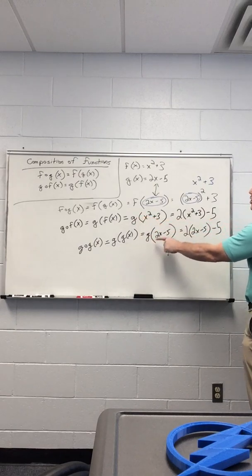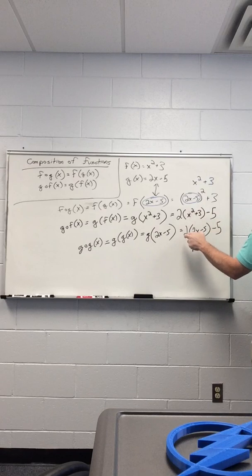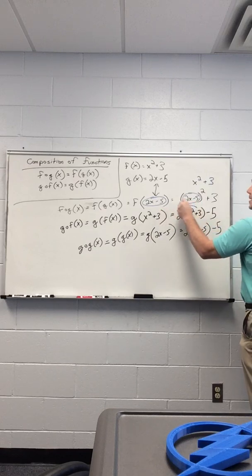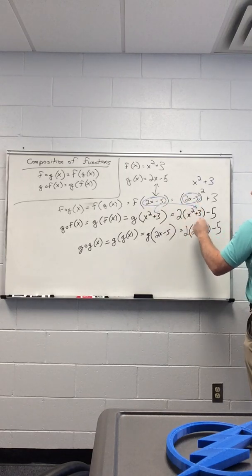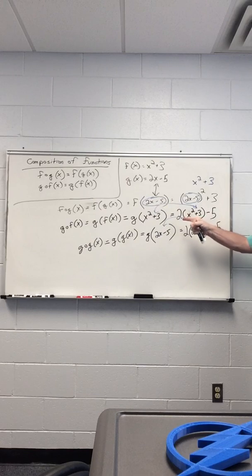Both of these had g applied to them at the end. 2x minus 5. But for this one, this was my x. For this one, that was my x. But they end up the same, up to the fact that I could distribute and then combine like terms that look different. But in principle, 2x minus 5. The x I plugged in was different.